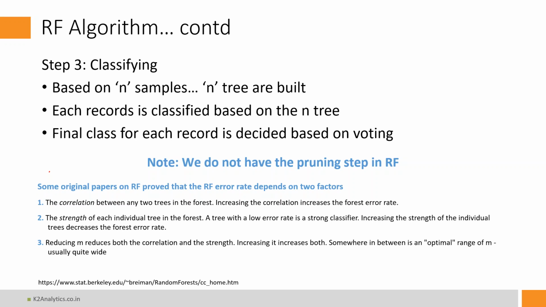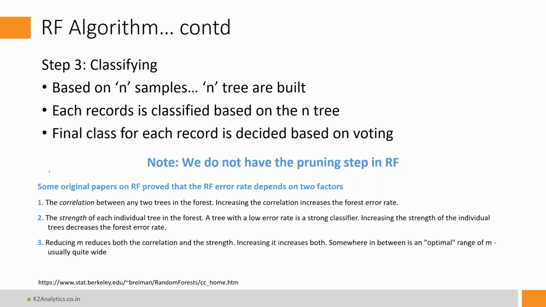So let me try to explain this concept. Assume you have got 100 attributes. You may want to use your pen and paper to note down the things. Assume you have got 100 attributes.